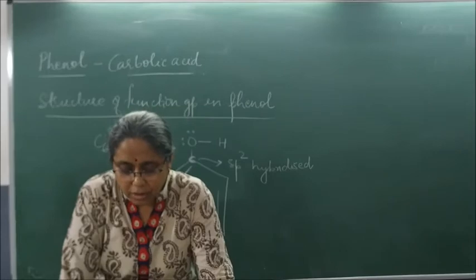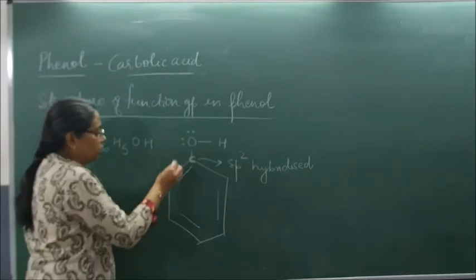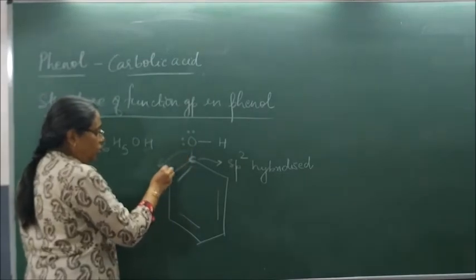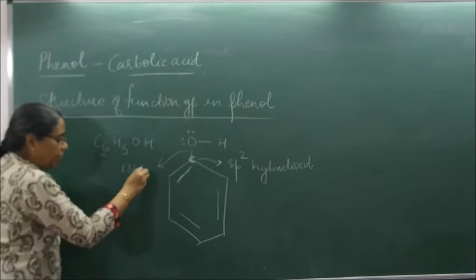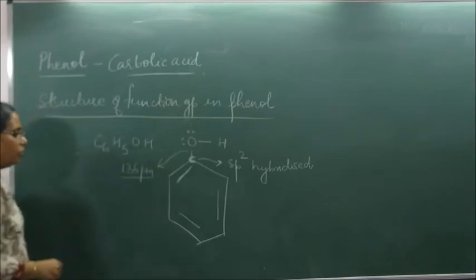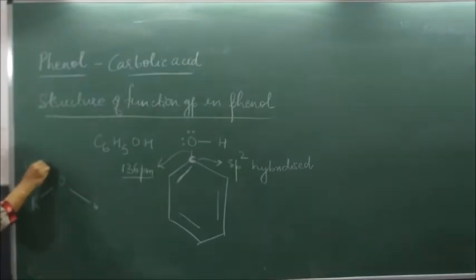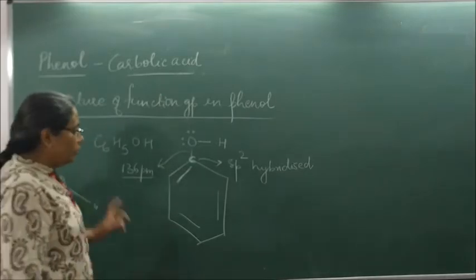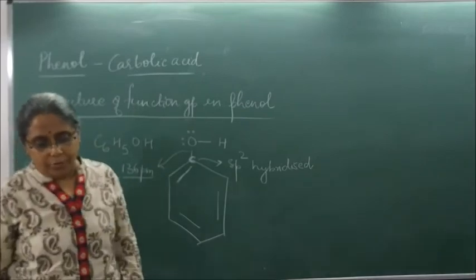Second point, the carbon-oxygen bond length. The carbon-oxygen bond length is 136 picometer. What was the carbon-oxygen bond length in aliphatic alcohol? 142 picometer. Here it is 136 picometer.